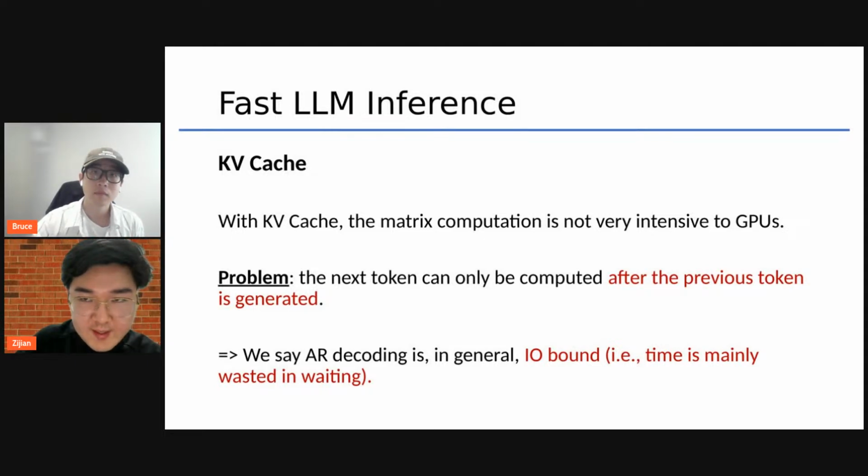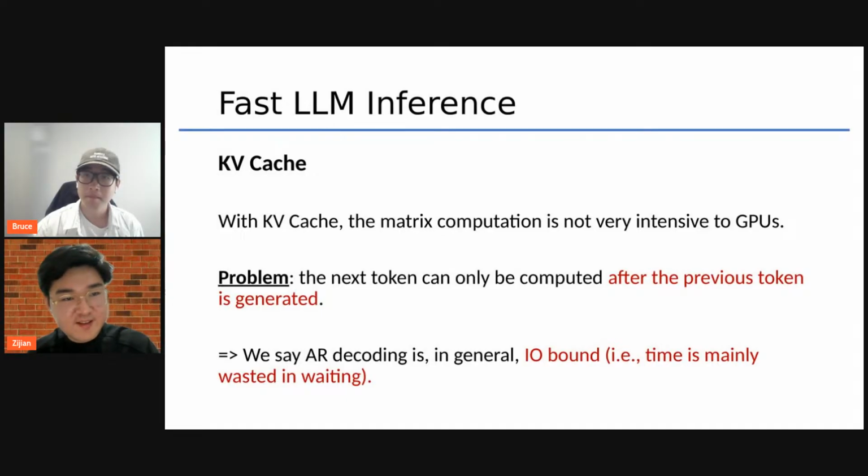So usually, most of the time wasted in generating tokens in an LLM is waiting for the next token to be generated before you generate the next. So we say that autoregressive decoding is in general IO bound, which means the time is not really wasted in performing very heavy computation, but in waiting for the next token to appear before you predict the next.